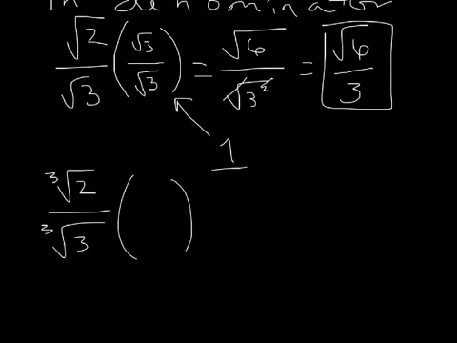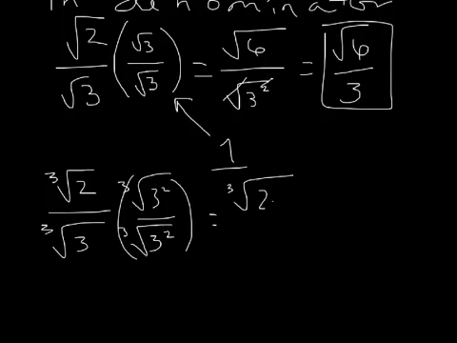Well, then the number that I need to pick for my 1 now this time has to be 3 squared, because what do I want on the bottom? So this on top ends up being 2 times 3 squared, but on the bottom I have 3 times 3 squared.